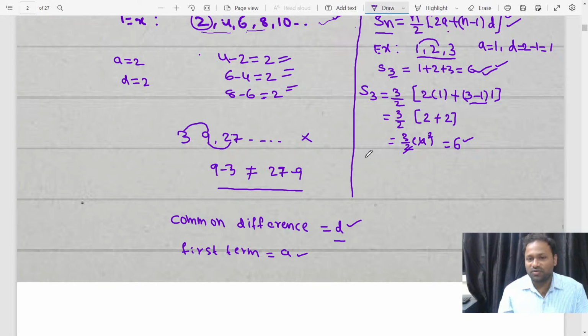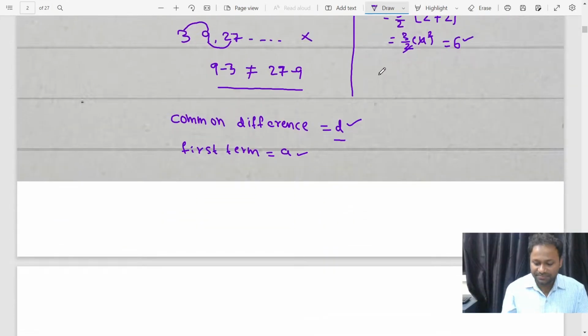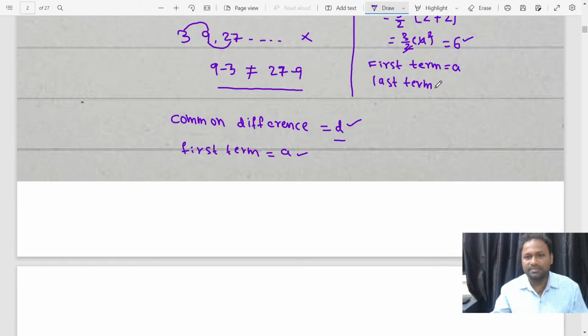Suppose the first term, as we know, generally we take as A, and the last term is equal to L. Whenever you know the first term as well as the last term, the sum of n terms formula will be Sn is equal to n by 2 into A plus L. Okay, so here A is the first term and L is the last term.